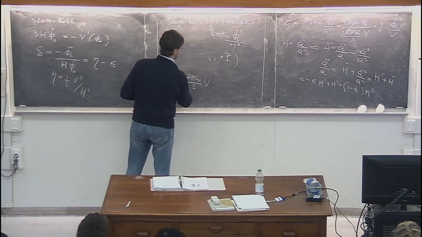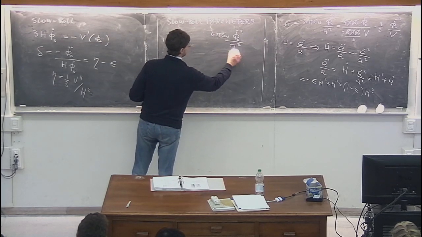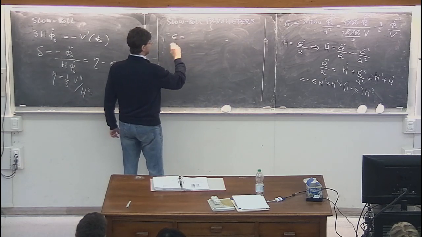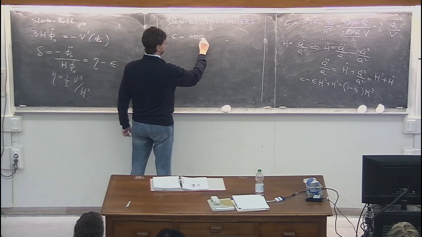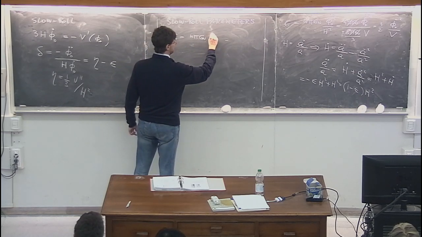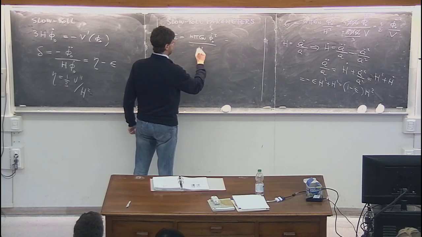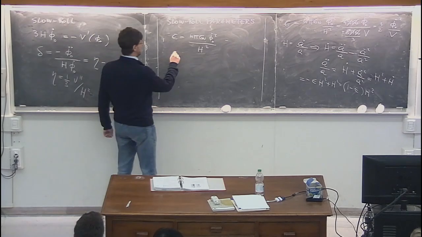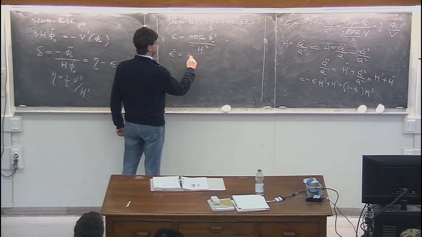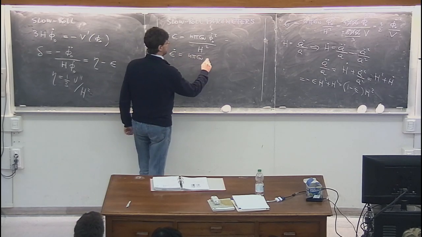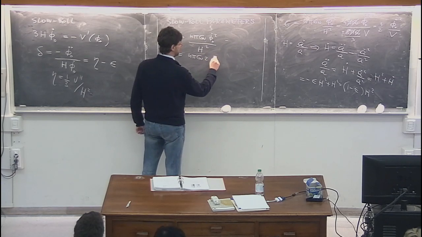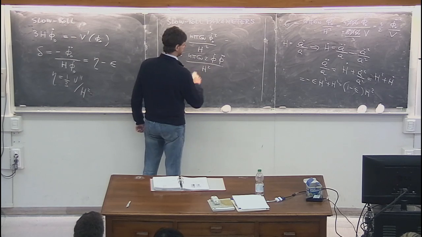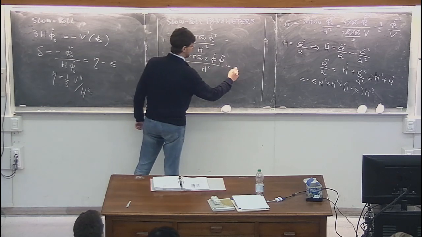For instance, let's write down epsilon equal to 4 pi G Newton times phi dot squared divided by H squared, and let's take the time derivative of it. So I get epsilon dot equal to 4 pi G Newton. Here I have 2 times phi dot phi double dot divided by H squared, plus the piece that comes from the H squared.